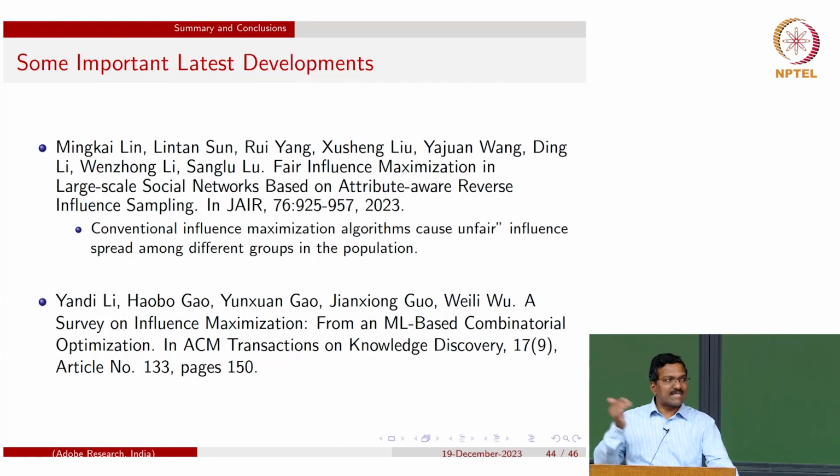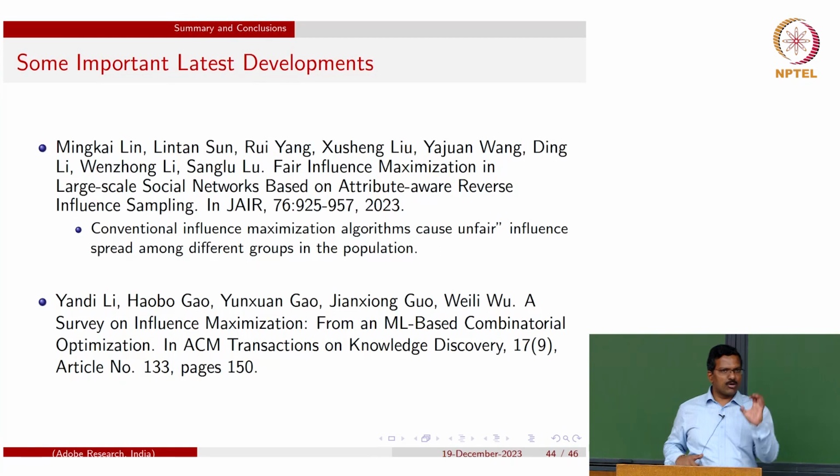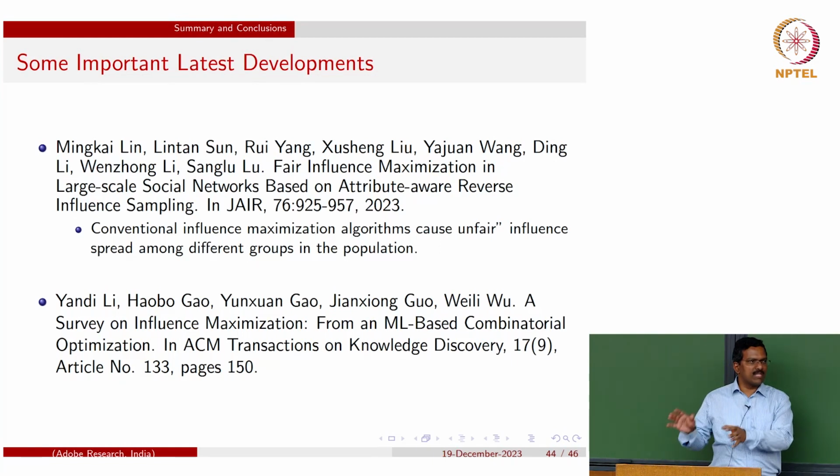How do you tackle the same top K influential nodes problem from the standpoint of group fairness? In other words, whatever K nodes you output as your solution for the top K nodes problem, these K nodes in expectation should activate approximately equal numbers of nodes in every group in that network. That is the idea.